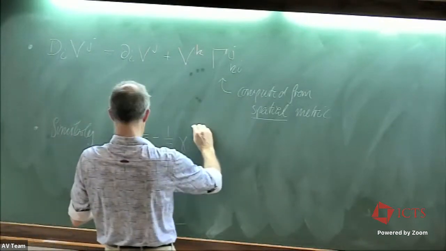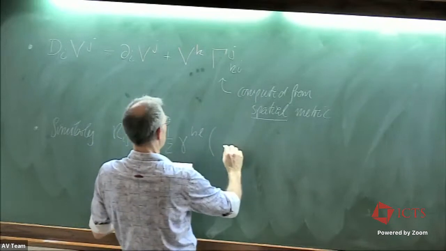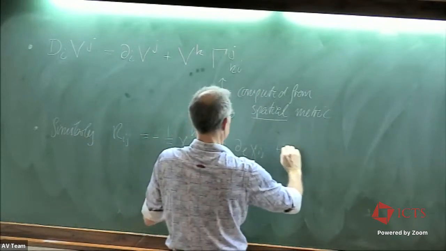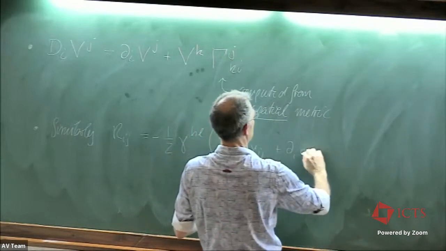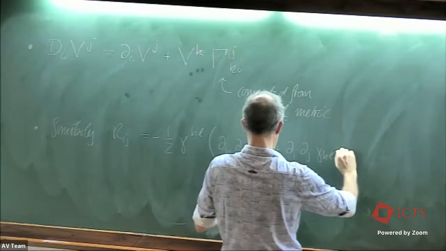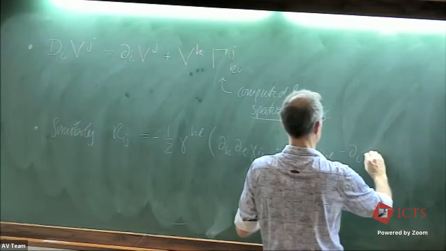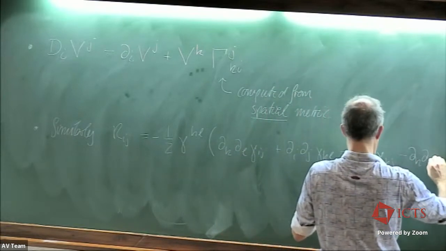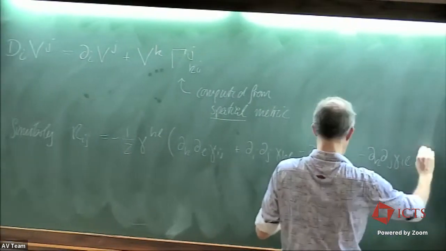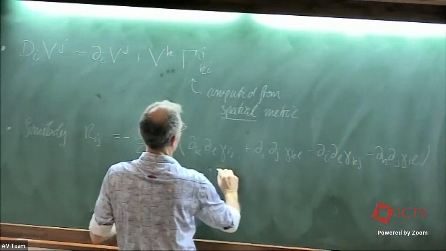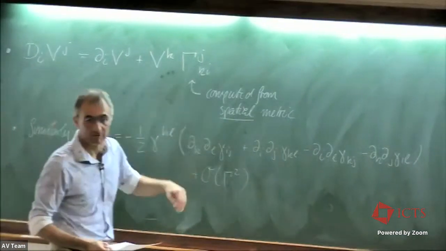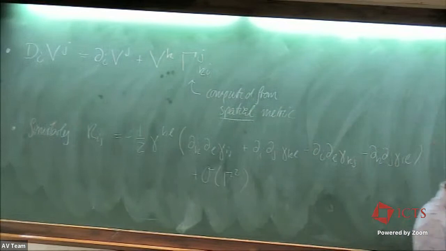So there's a gamma KL, and then all these partial derivatives: partial K, partial L, gamma Ij, plus partial I, partial J, gamma KL, minus partial I, partial L, gamma Kj, minus partial K, partial J, gamma IL, plus terms that are quadratic in these spatial Christoffel symbols. Okay? So basically, you can define the same thing.